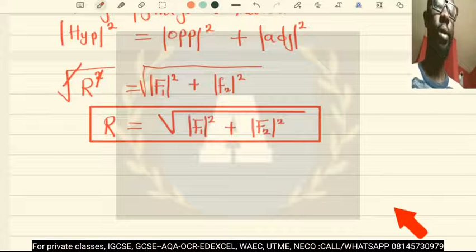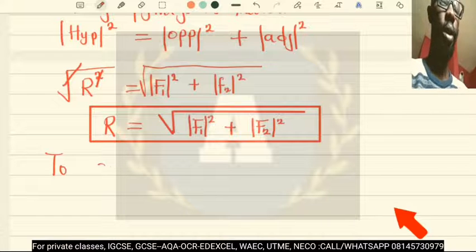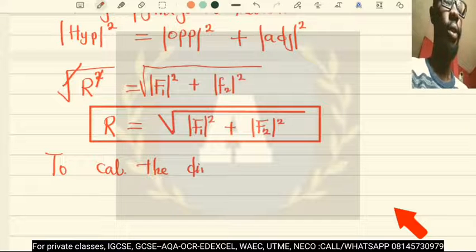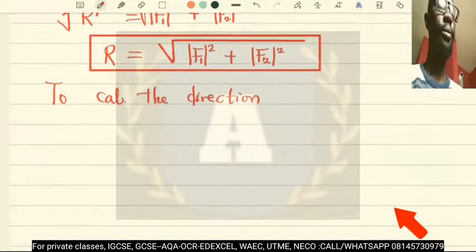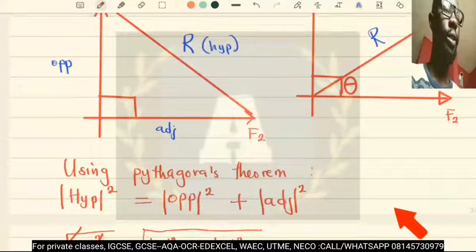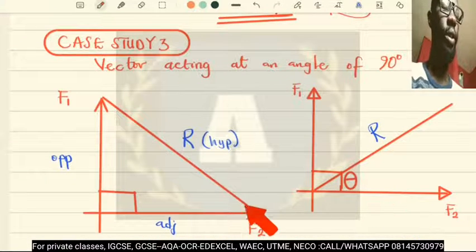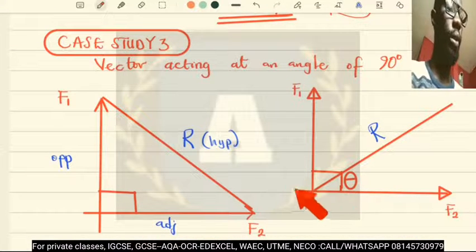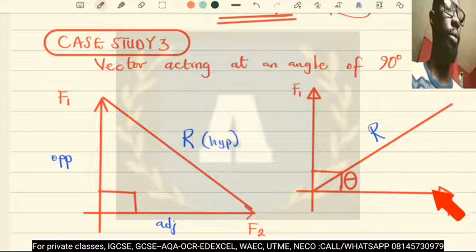So to calculate the direction, we have to join the two forces as we have joined here, as we draw the resultant.